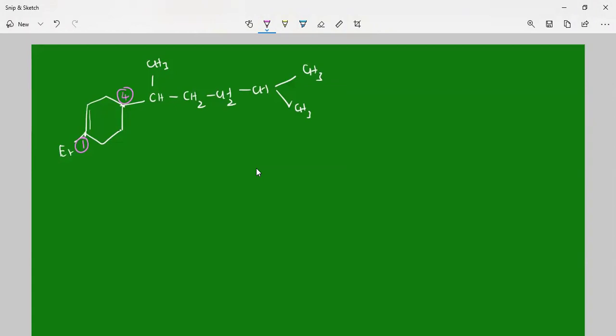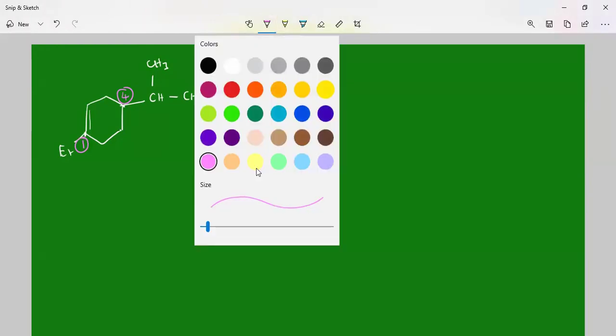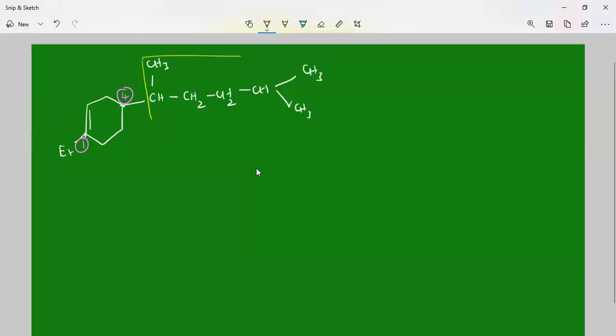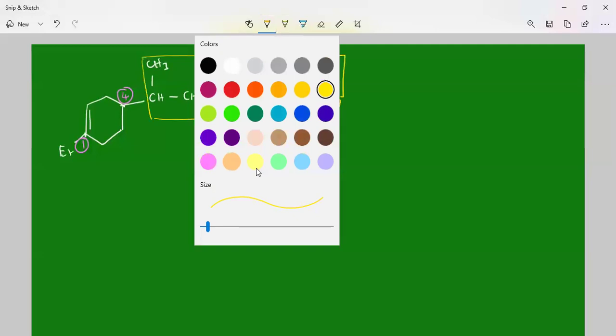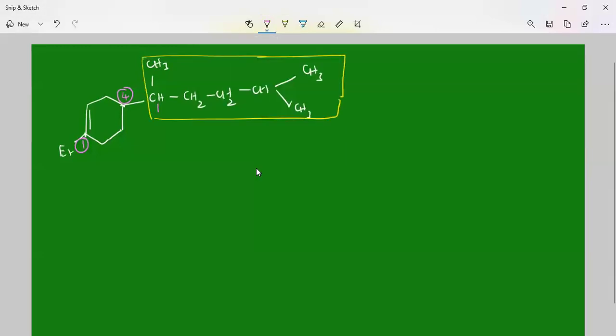For the separate nomenclature of the side chain, if you carefully see, this is the first carbon, second, third, fourth, and you can consider the fifth. This is the fifth one. So on the fourth one we have one methyl, and on the first one we have one methyl.